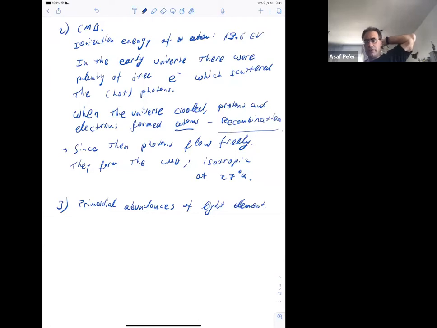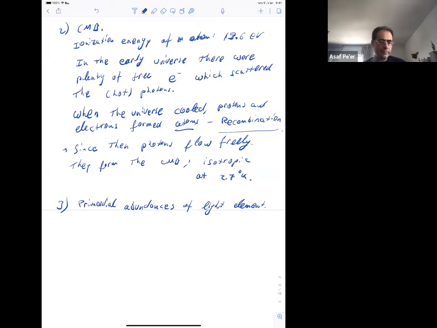So we know what the probability was for the light elements to form. And the light elements, meaning first, of course, hydrogen. And then the other light elements would be helium, lithium, helium-3, etc. And this is something which we can measure. So roughly, for example, we know that the abundance of helium-4 to hydrogen is nearly 1/4.